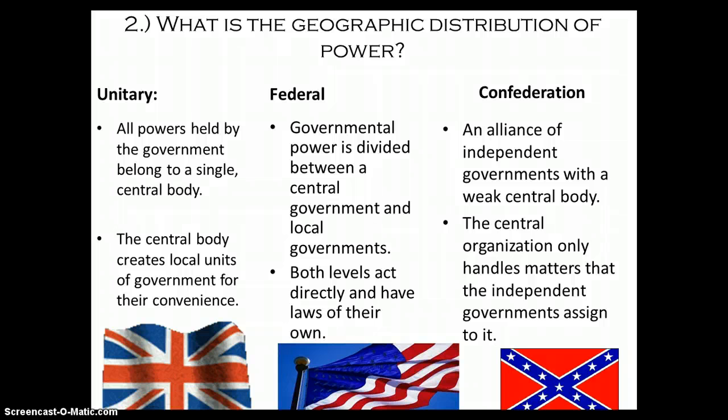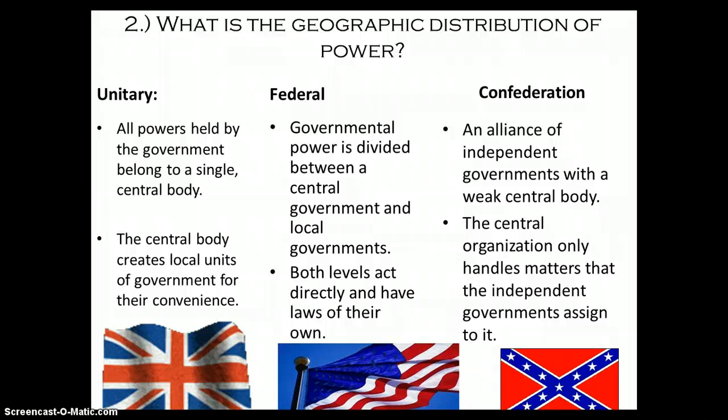Now, this alliance of independent governments usually are states. The European Union is an example of a confederation today, and these states are very strong and they have their own set of laws that cannot be infringed upon by other states. However, they also have an umbrella, a central body that only handles matters that the independent governments as a whole decide to assign to it.